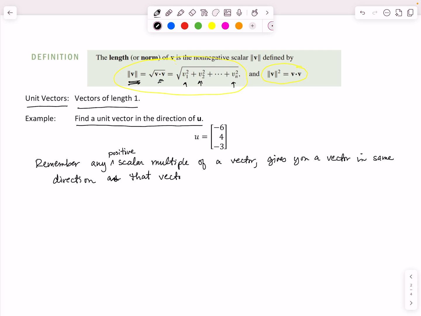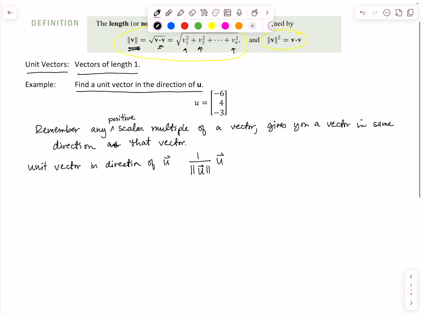We've seen this before. So if I want a unit vector in the direction of u, I want to multiply by the reciprocal of the length, and that's the scalar multiple I want to put in front of u.